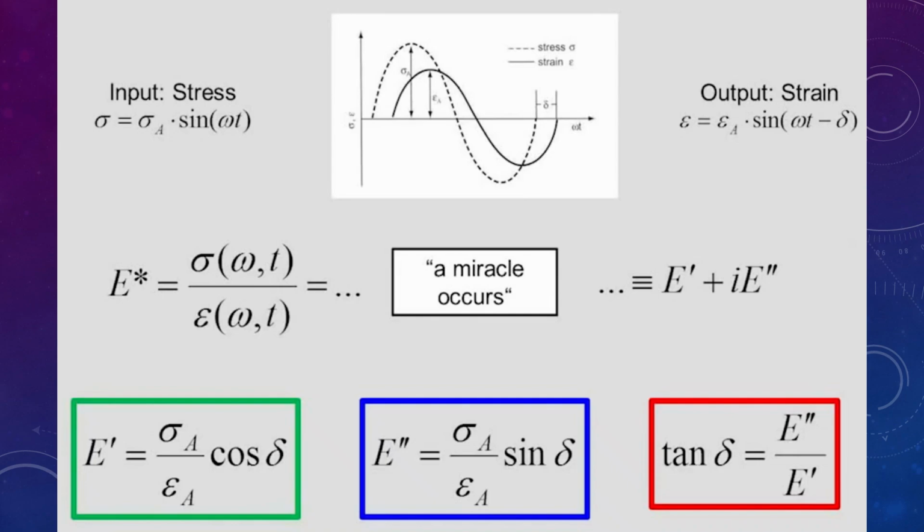For the real part, we get the elastic part, which is the storage modulus E prime, and the imaginary part gives the viscous part, which is the loss modulus E double prime. For tangent delta, we divide the loss modulus by the storage modulus, and sine delta over cos delta gives tangent delta, as the stress over strain cancels off.